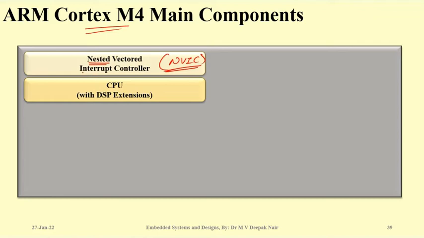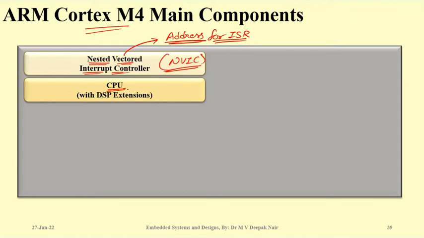So it can handle nested interrupts. That means if there are multiple interrupts coming to your system, it can still handle them according to their priority. Therefore we call it nested vectored. Vectored means going to a particular address. Every interrupt has its own address for its ISR. So the nested vectored interrupt controller has its own unit.